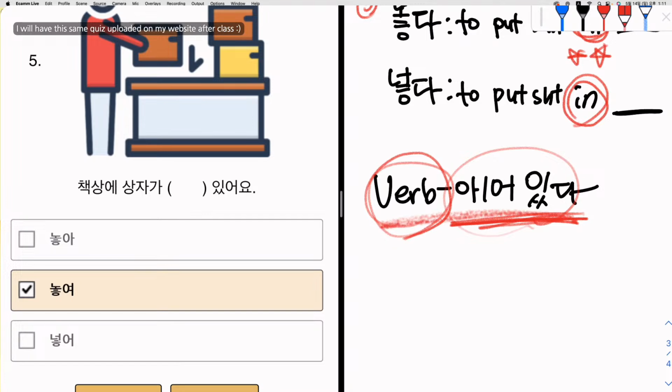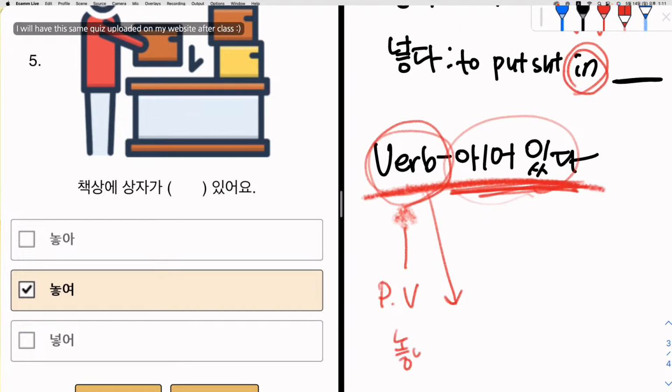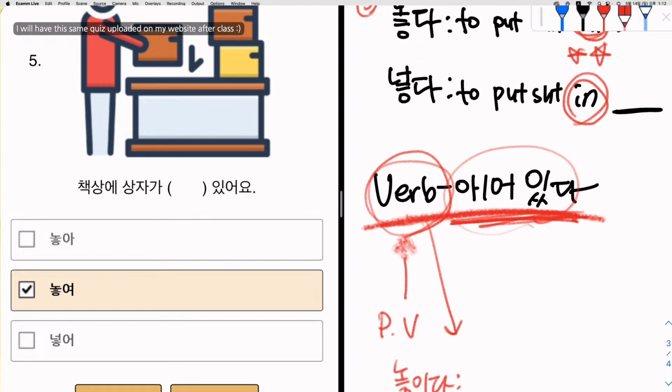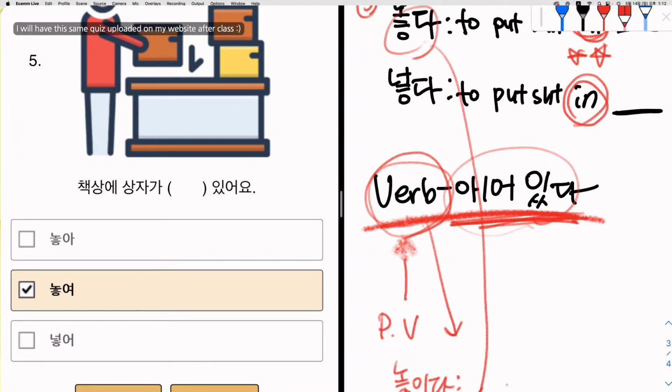So since the nature of this grammar point is describing the state of something, not the action, usually passive verb is combined with this grammar point. 있다 grammar point, right? Passive verb. So if you use 놓이다, which means to be placed on, 놓이다 would be 놓다's passive verb. Then it would mean something is staying placed on, right?